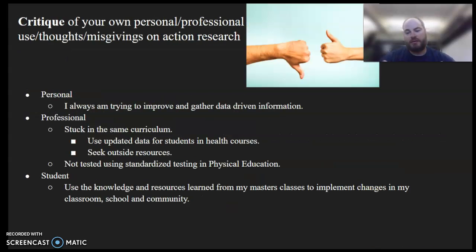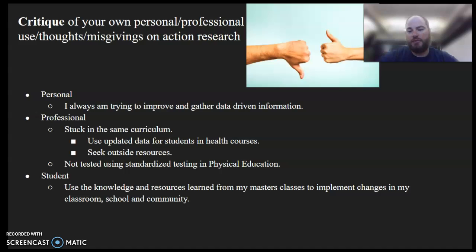To critique, I'm trying to improve and gather data-driven information so that I can better serve my students. Sometimes I get stuck. We're in the same curriculum all the time with the online program, and so sometimes I get stuck, and it's nice to be able to talk with some of my teammates here and be able to look at different ways.